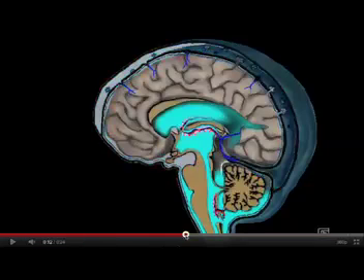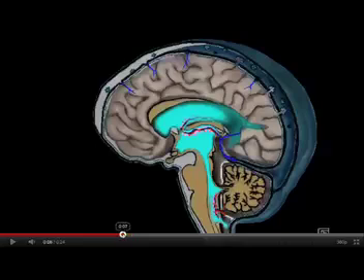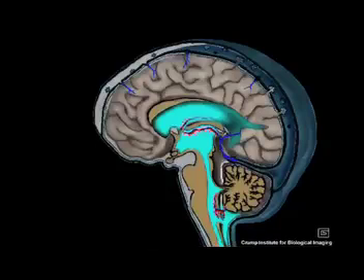And then what we see, there's specific locations where that cerebrospinal fluid can leave that inner ventricular system of the brain and flow around the surface of the brain in the subarachnoid space.